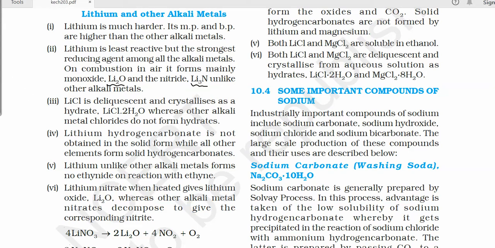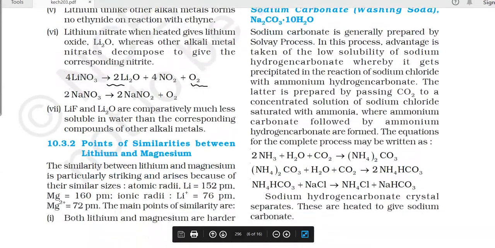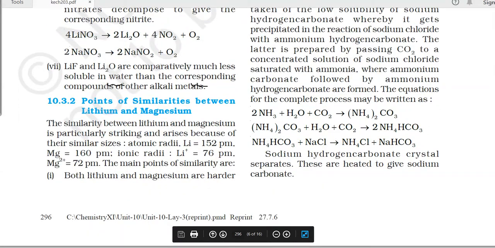Similarly 2NaNO3, when heated, forms 2NaNO2 plus O2 gas. Lithium fluoride and lithium oxide are much less soluble in water compared to the other halides and oxides of the alkali metals.